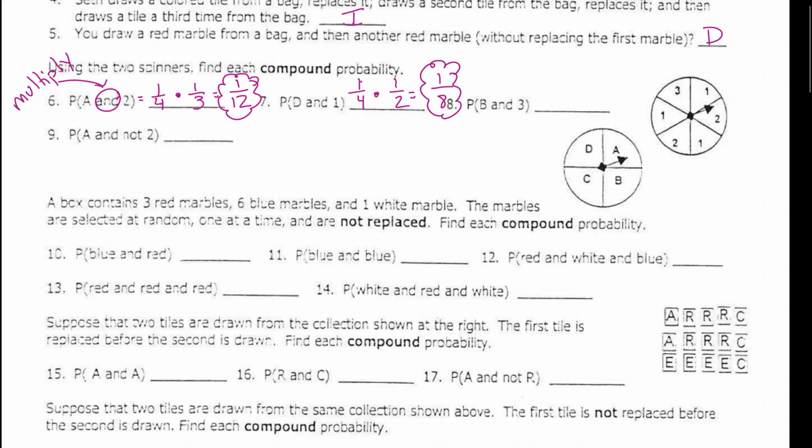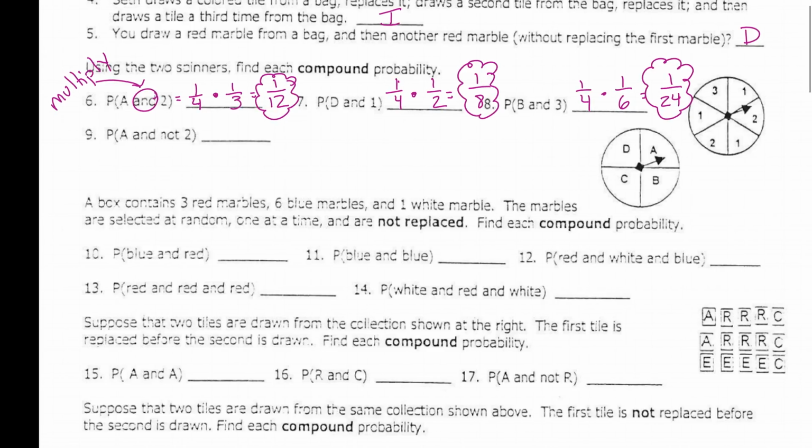And what about the probability of B? Again, 1/4 and 3/6 this time. 1 times 1 is 1. 4 times 6 is 24. So we have a 1 out of 24 chance of spinning a B in 3. And what about A? We know it's 1/4 again, and not 2.